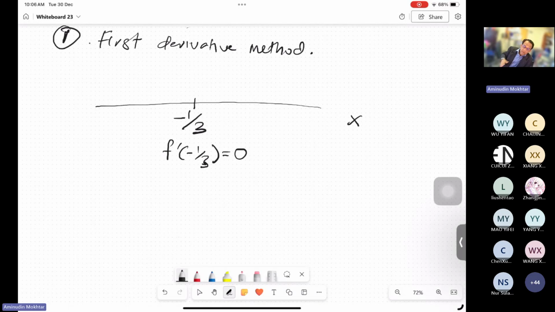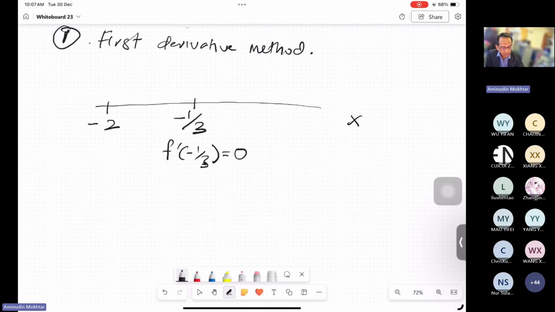Now we need to find the slope of the function before and after x equal to -1/3. You can choose any number as long as it is less than -1/3. Let's say I choose -2.